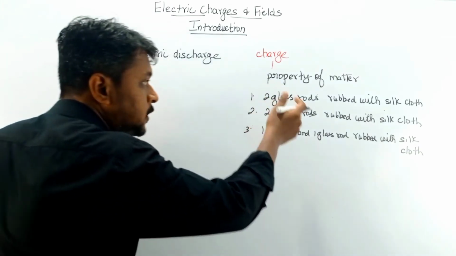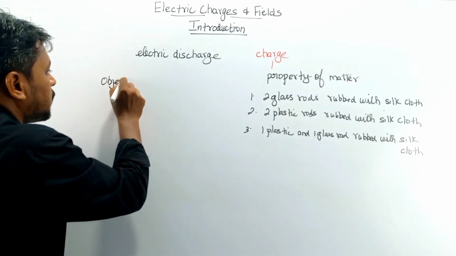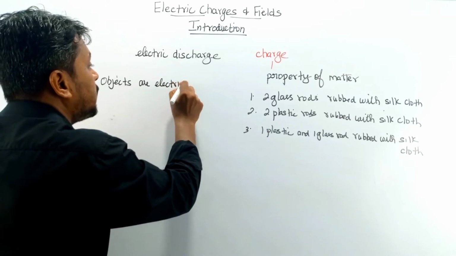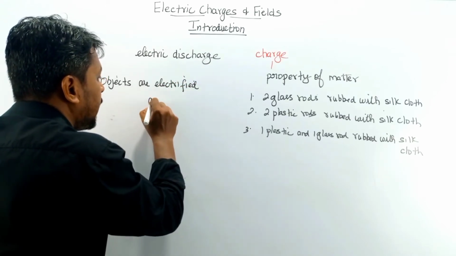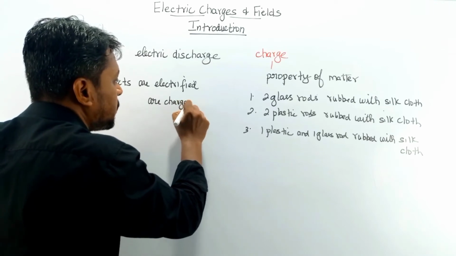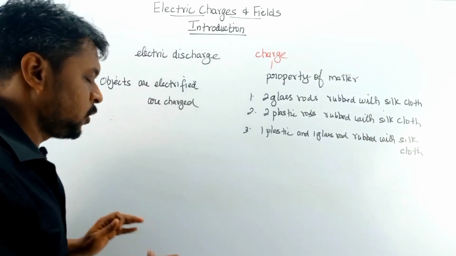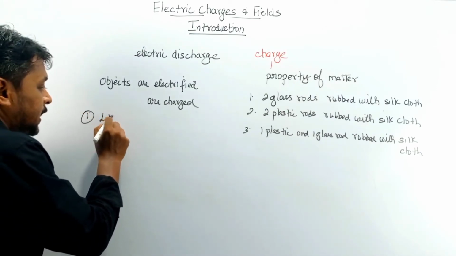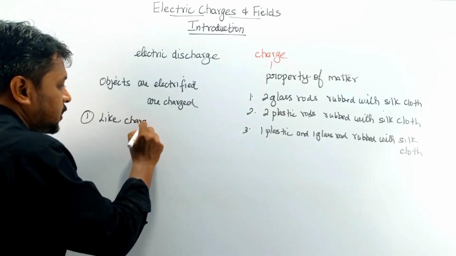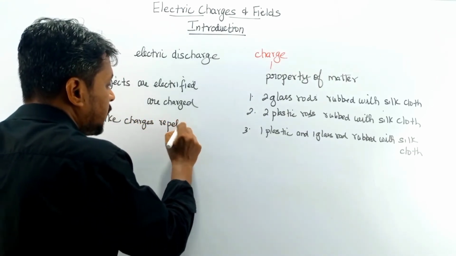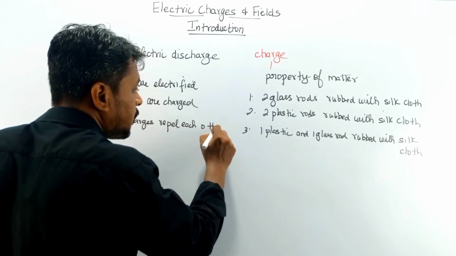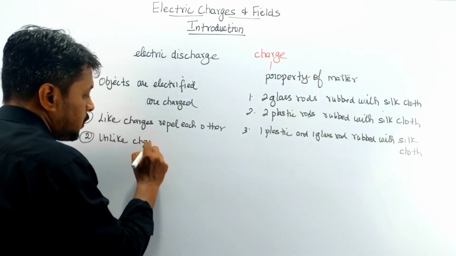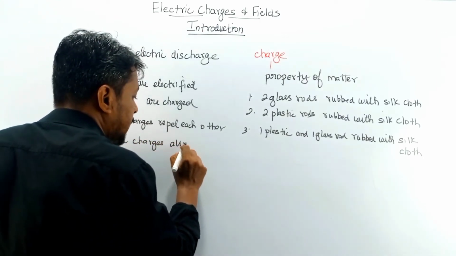When this happens, we say that the objects, the glass rods and plastic rods, are electrified, or charged. We also conclude some other statements: like charges repel each other, and unlike charges attract each other.